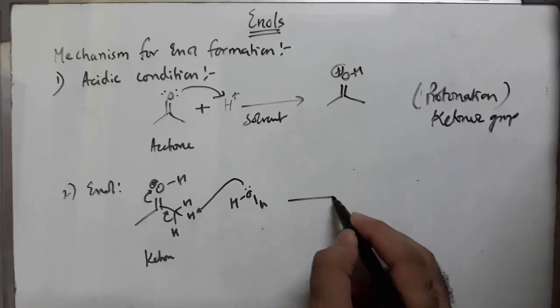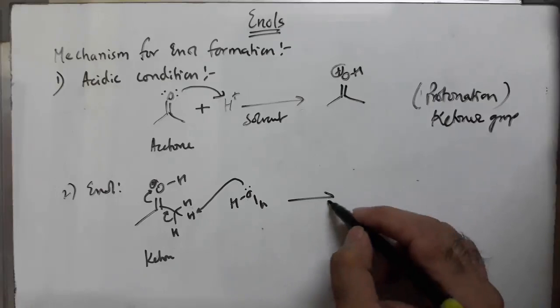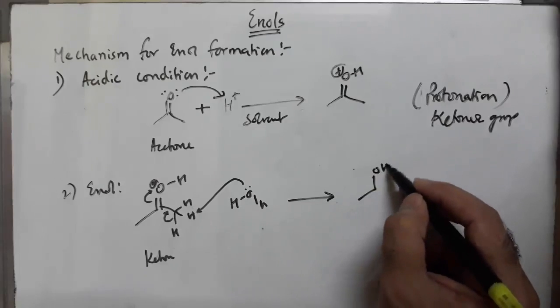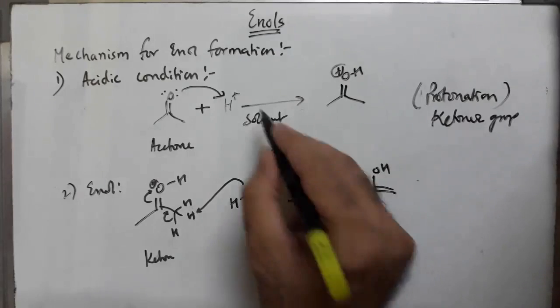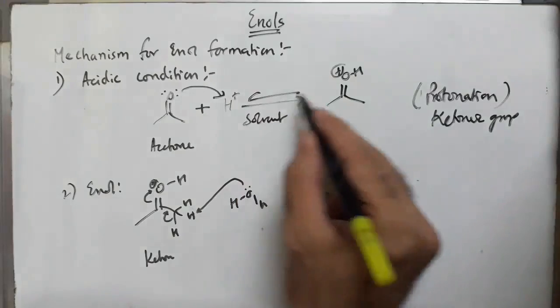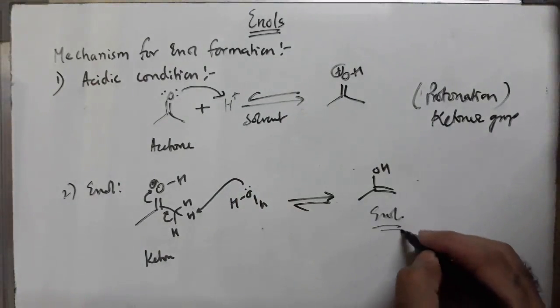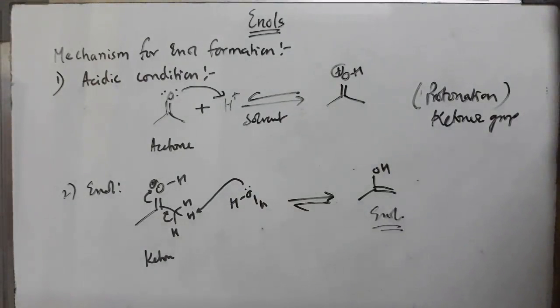So now you will get your enol, and this reaction is reversible. These reactions are reversible. Now this is your enol formation in acidic condition.